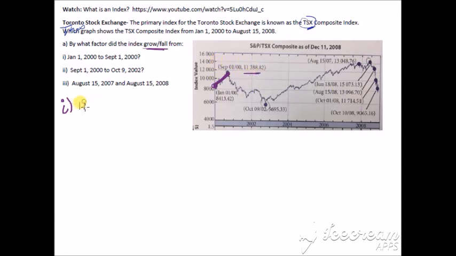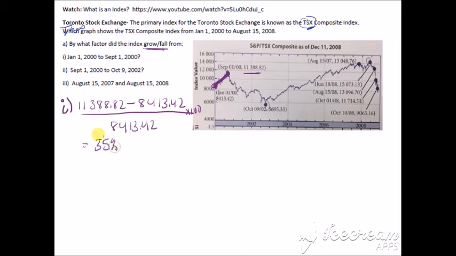We take the current number, 11,388.82, and subtract the old number, which is 8413.42. Then we divide by that second number, 8413.42. When we divide this and then multiply by 100, we get 35%. So there was a growth of 35% over these months.